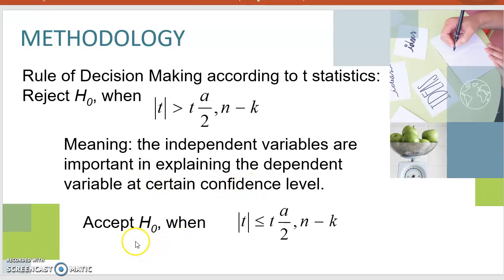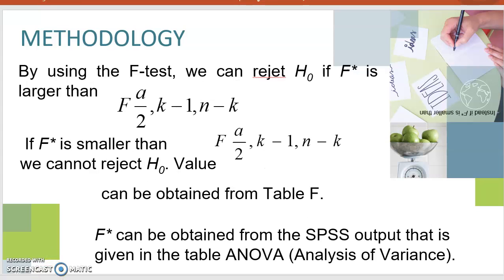When we accept H null, it means that these variables are not significant in explaining the dependent variable. So another statistical criteria is by using the F-test.